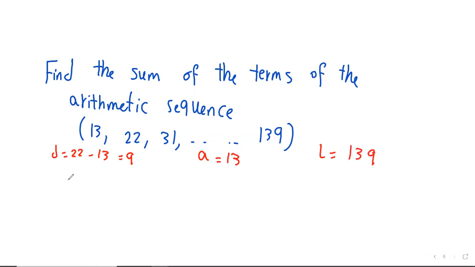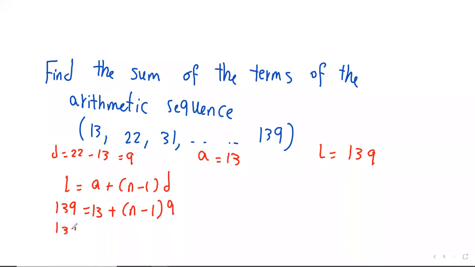We can find the number of terms using this rule: l, the last term, is equal to a plus n minus 1 multiplied by d. So 139 equals 13 plus n minus 1 multiplied by 9.